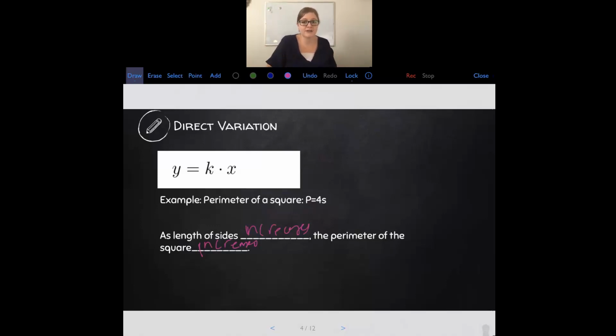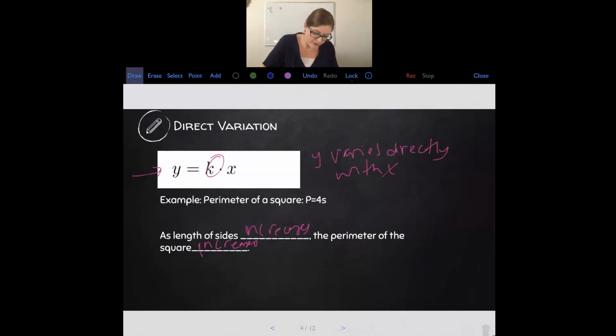When you're looking at direct variation problems, you want to start with y equals k times x, or whatever variables it's giving you. So this would be y varies directly with x, and then we have k as our constant of variation.